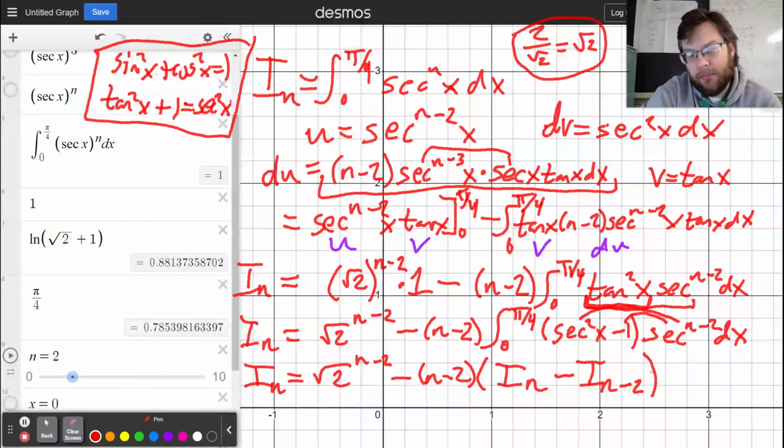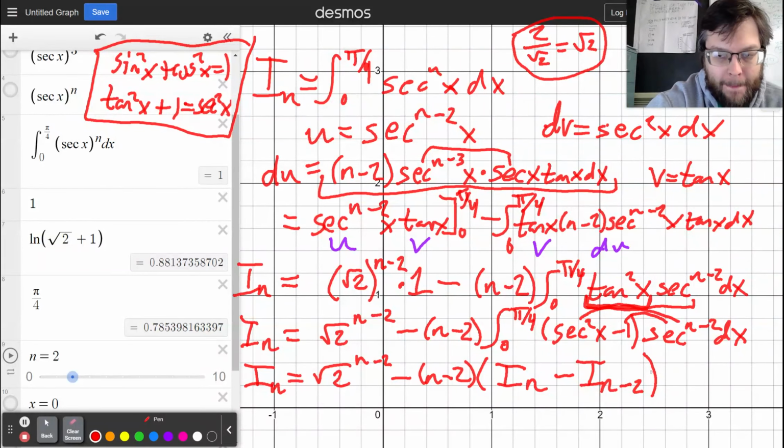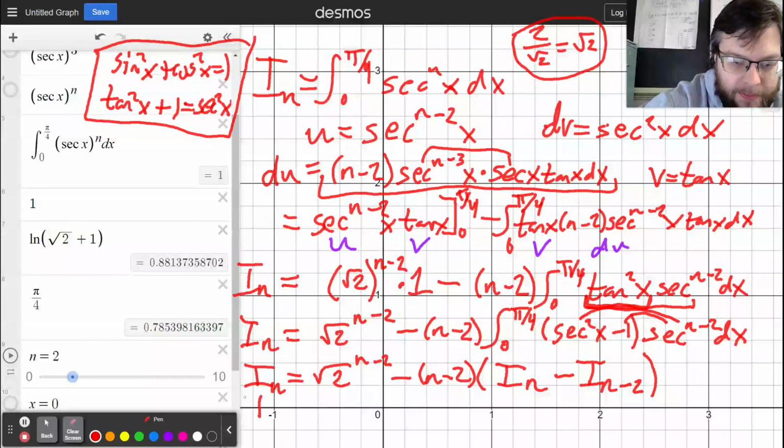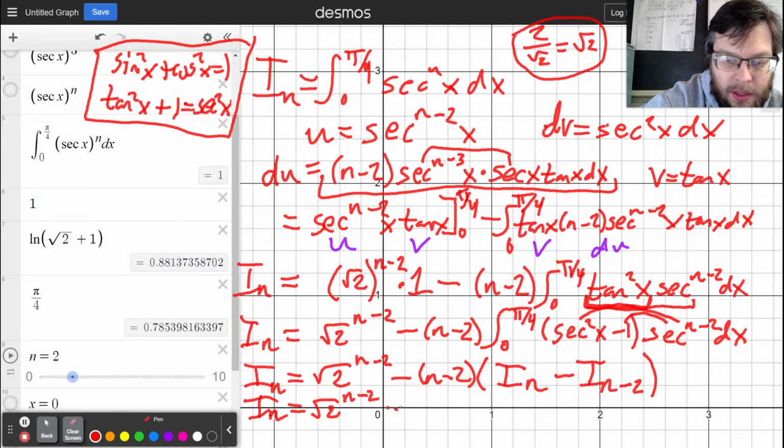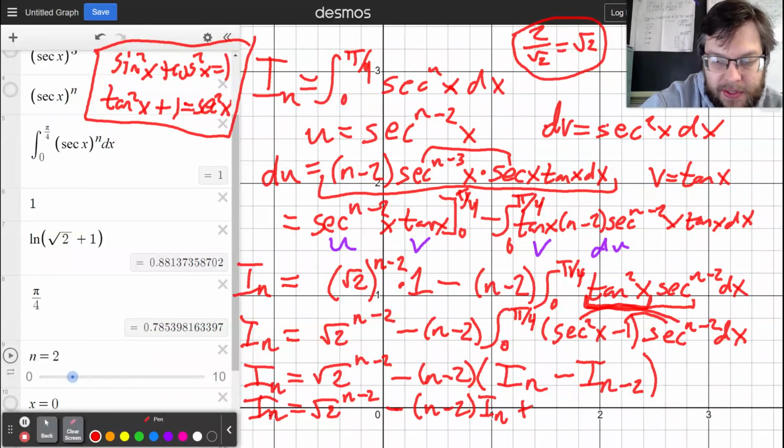So now we're just doing some algebra, just solving for x in terms of y. So I sub n equals square root of 2 to the n minus 2, minus n minus 2 copies of I sub n, plus n minus 2 copies of I sub n minus 2.